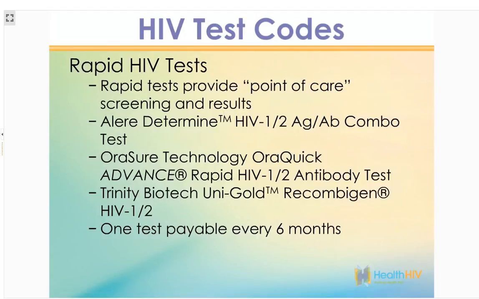Most of the practices I've worked with that have done chart audits typically use OraSure or Alere. The rapid tests are typically payable once every 6 months. But again, check with your payers. Some may say we're only going to pay for it once a year. It all depends.